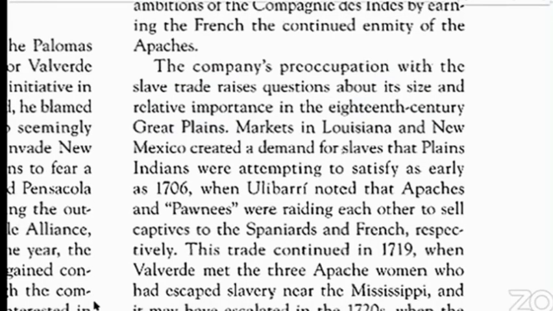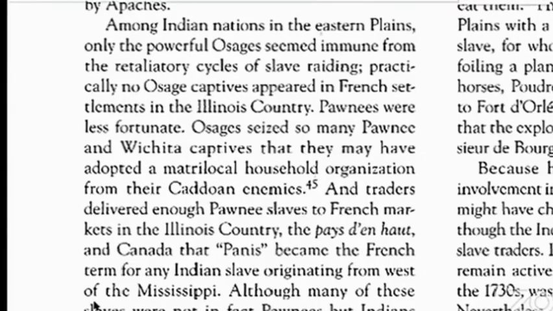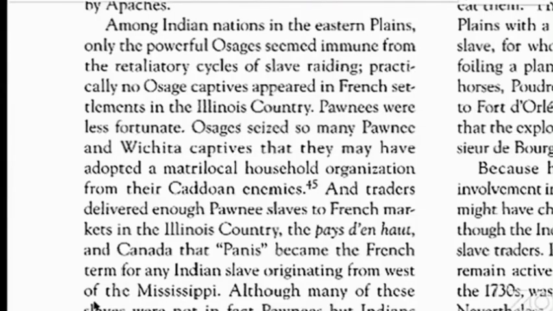Markets in Louisiana and New Mexico created a demand for slaves that Plains Indians were attempting to satisfy as early as 1706, when Ulibarri noted that Apaches and Pawnees were raiding each other to sell captives to the Spaniards and French, respectively. Among Indian nations in the eastern plains, only the powerful Osages seemed immune from the retaliatory cycles of slave raiding. Practically no Osage captives appeared in French settlements in the Illinois country.